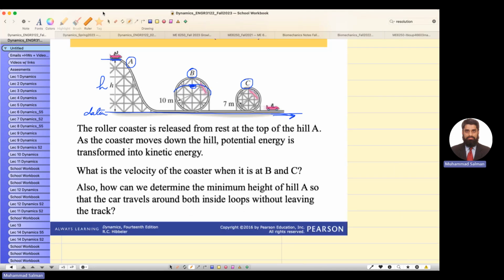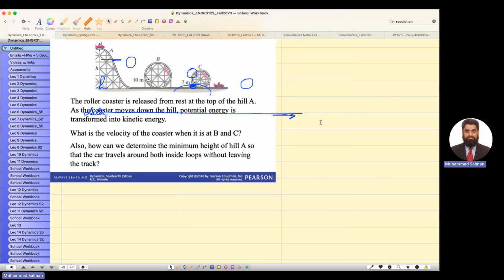What should the velocity be such that you do not lose the track? People want to go to the highest point, so they don't want to keep it very low at point B, but they don't want to keep it so high that they lose the track and derail and come down.